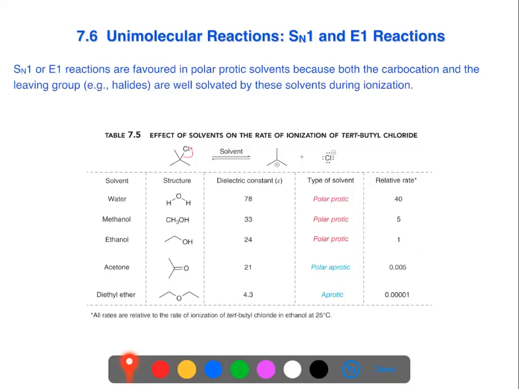But more dramatic is that it's significantly higher than the rate of a reaction in an aprotic solvent like diethyl ether. And so the use of water and alcohols like methanol and ethanol will significantly increase the rate of your reaction for an SN1 and E1 reaction specifically.